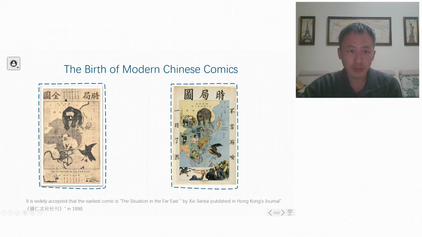In both of the pictures, this map is the map of China, and these animals referred to different nations that conquered different parts of China. This bear refers to Russia, the dog here to the UK, the frog to France, the eagle to the US, the sun to Japan, and the sausage to Germany.